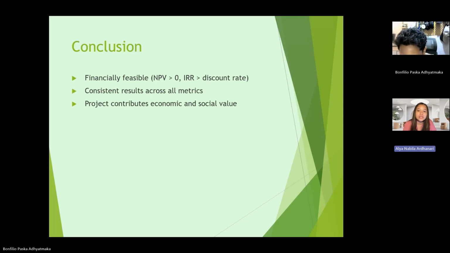What's more, the results are consistent across all financial metrics, including the NPV, IRR, EIRR, NBC, PI, and IRR9, all pointing to the same outcome, which is a solid and efficient investment. Beyond the financial, this project brings significant economic and social value. It enhances connectivity, supports local economic development, and improves quality of life for rural communities.